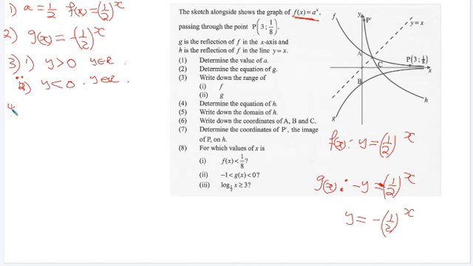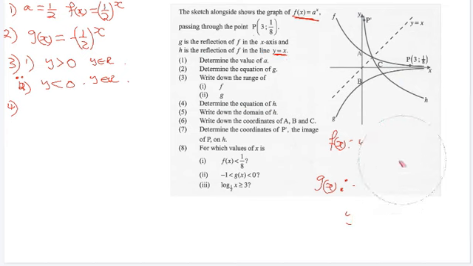And then going to number 4, determine the equation of h. Where is h? This is our h, and we were told there that h is the reflection in the line y is equal to x. That means it is the inverse. H is the inverse of f. Let's determine the inverse of f. Your f is y is equal to 1 over 2 raised to x.